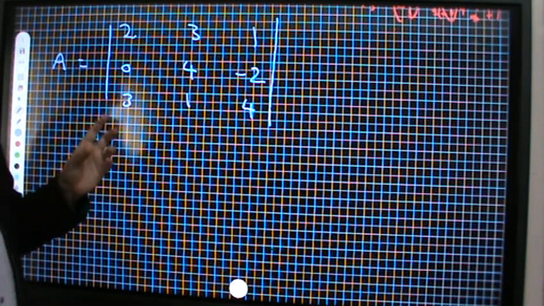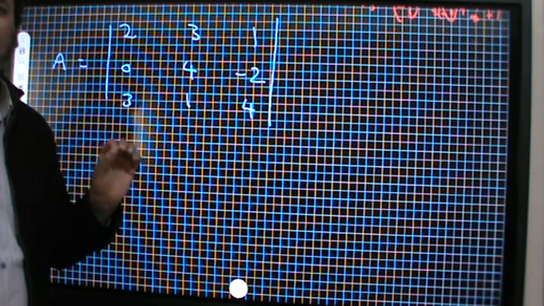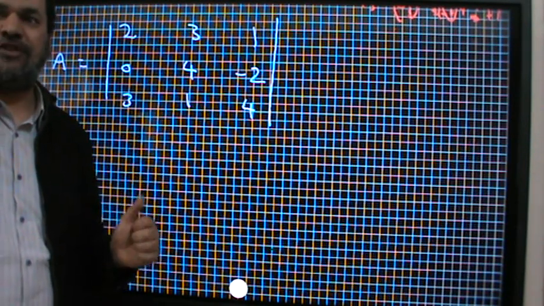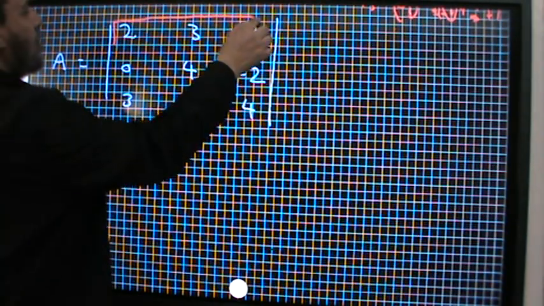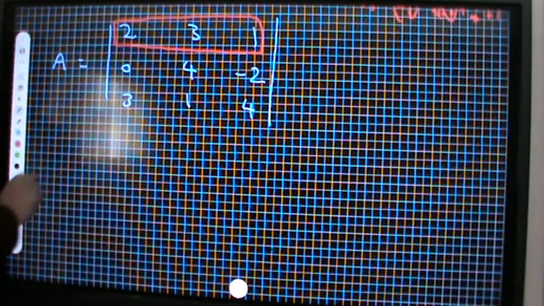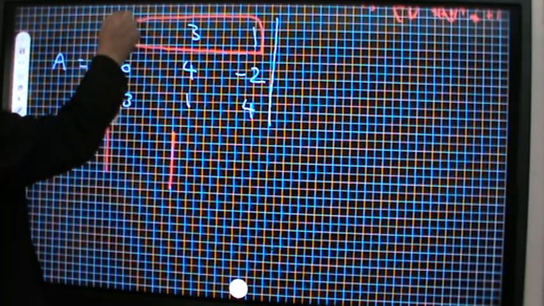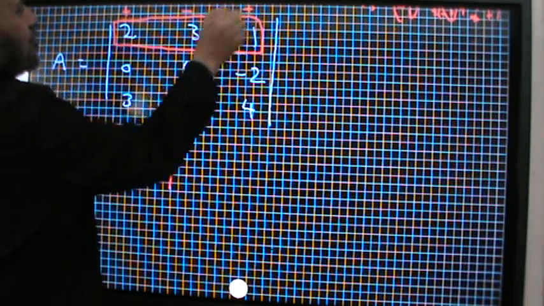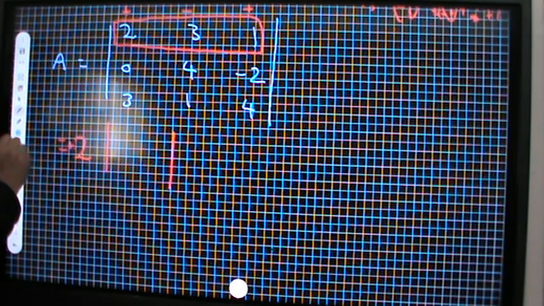You can use any row or any column to get the expansion of this determinant. If you use the first row, you will write 2 multiplied by, this is positive, and this is negative, and this is positive. Then 2 is positive here, okay?